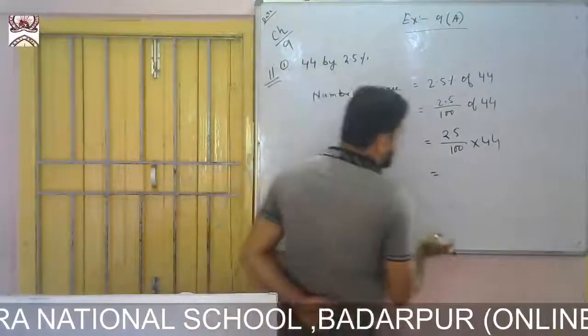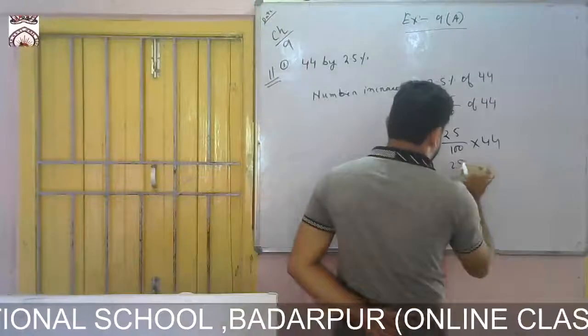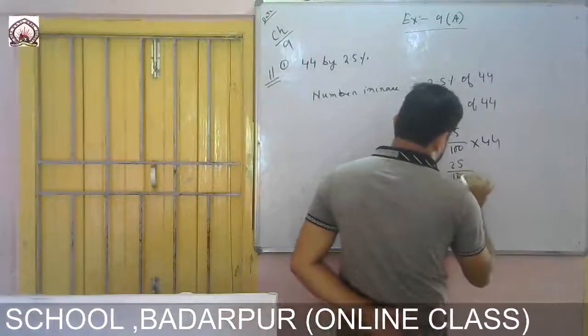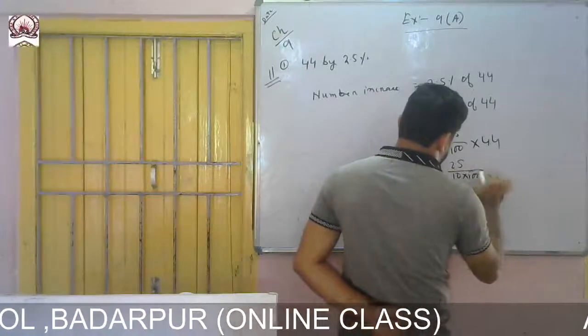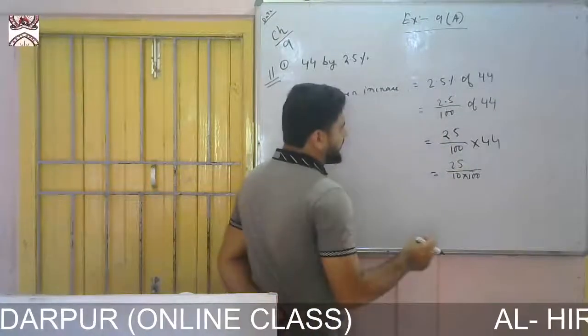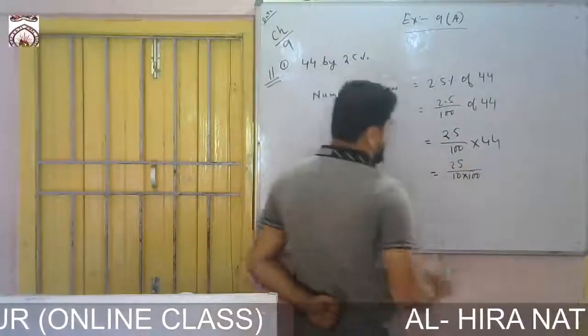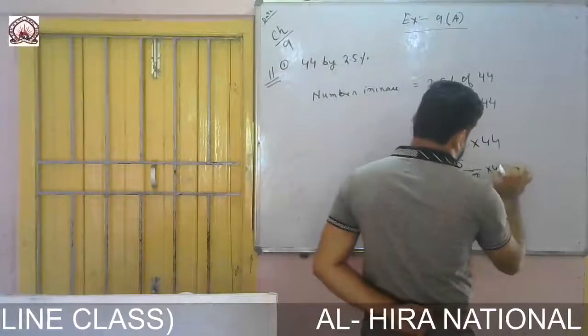So 25 by 10 into 100, because of this decimal point.